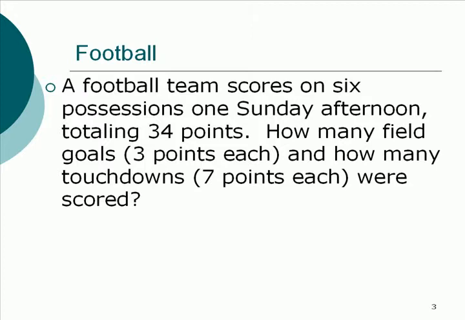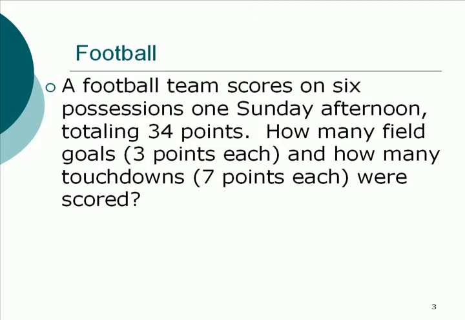But what we want to do is write a system. When you're writing a system for a word problem, you always need to ask yourself what two pieces of information are we given? Because those two main facts are what give you two equations, one equation for each fact. So, the first thing, a football team scores on 6 possessions.